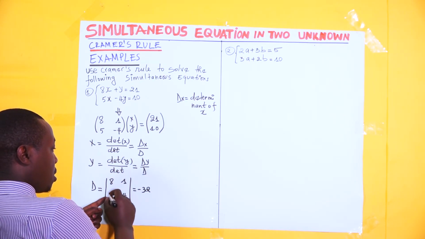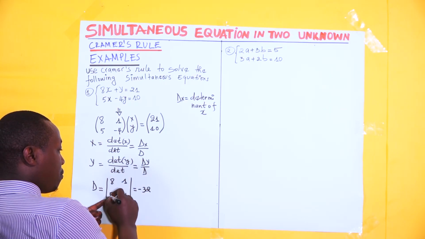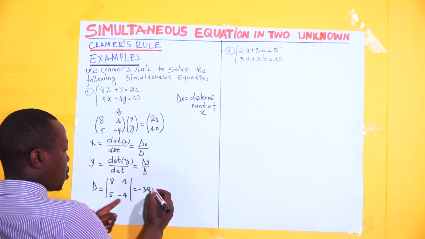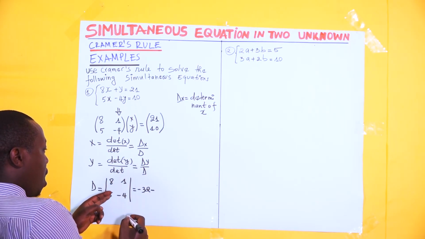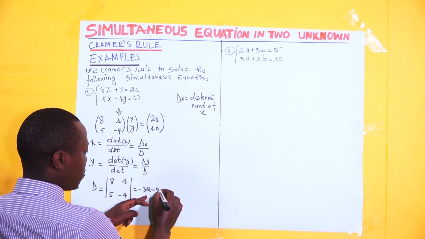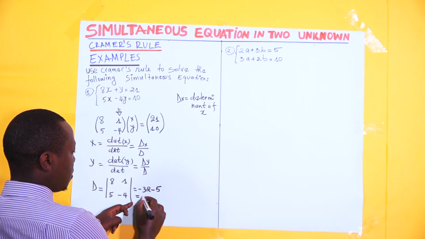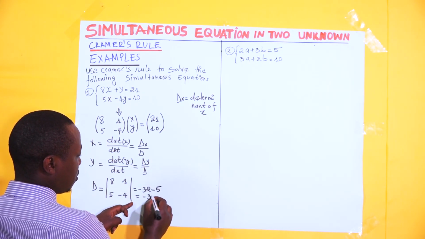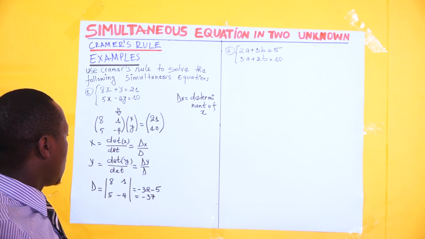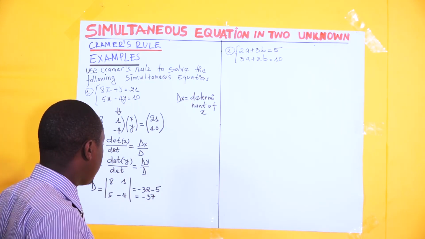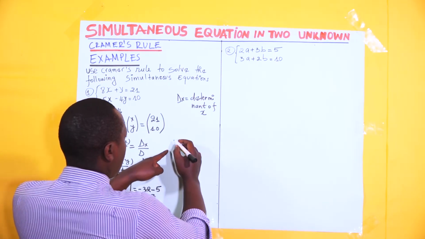In the formula we subtract the product of 5 and 1. 5 times 1 gives us 5. So the answer is negative 37, right? So this is the determinant.